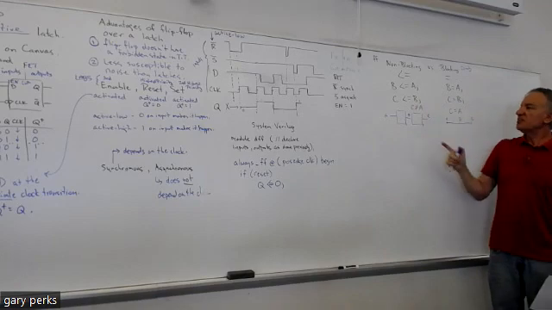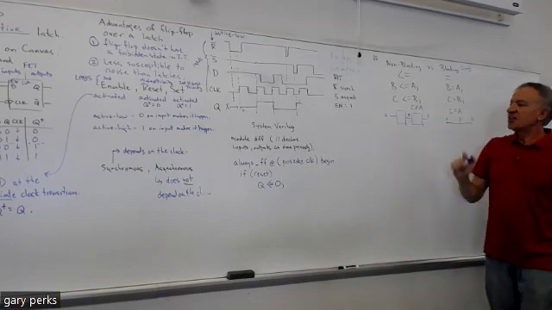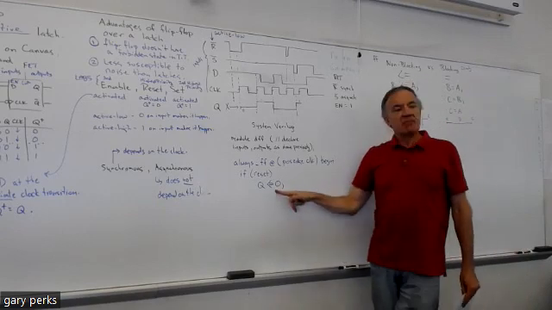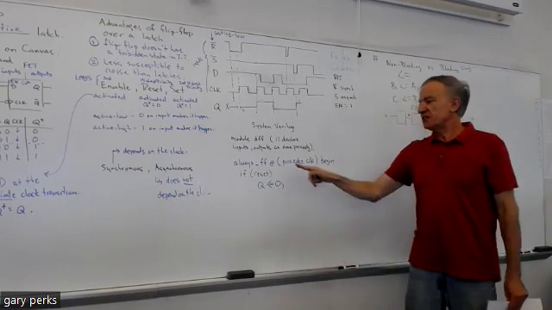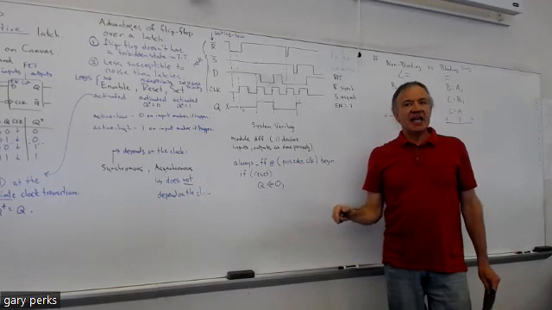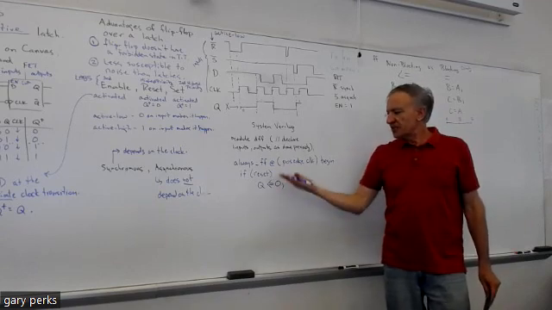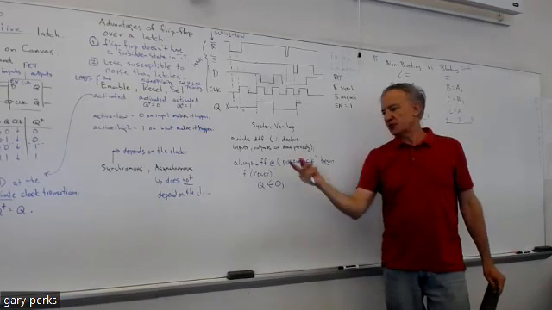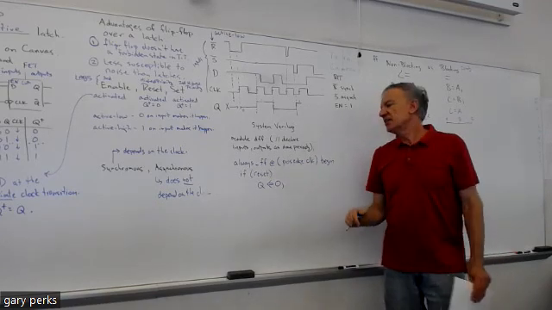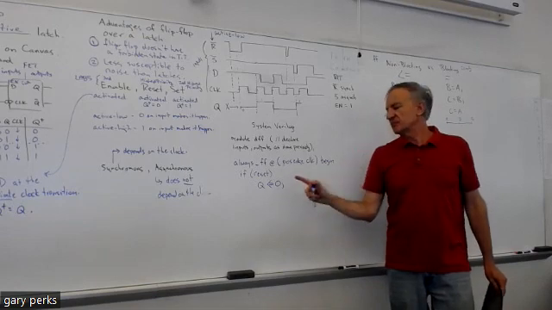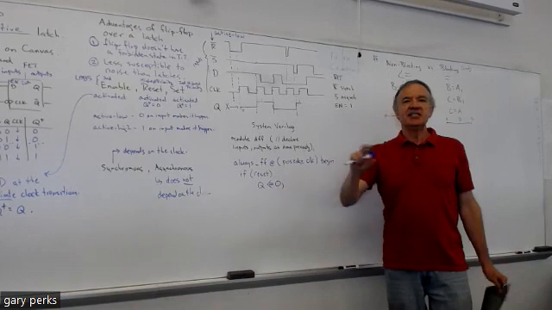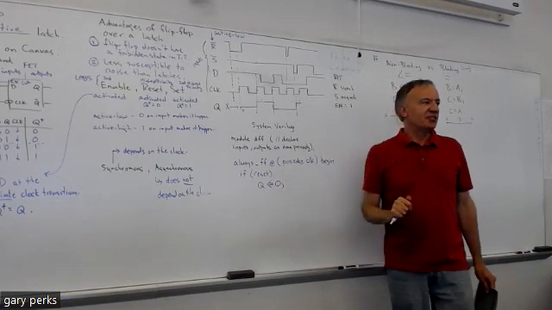The reason I bring this up is because a common error, the most common one, is that people will use the equal sign within an always FF, and I'm going to show you how you create a latch within an if statement. If you don't use the proper assignment symbol, it may not happen the way it should.